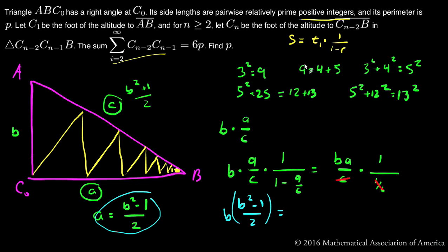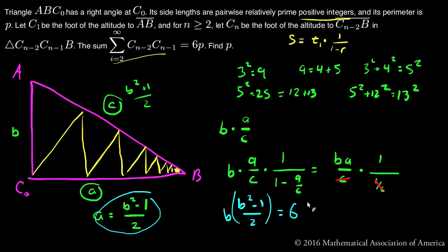And I want to make that equal to 6 times the perimeter. Well, the perimeter is going to be B plus A plus C. And in here, let me make sure I've got this correct. So I do B plus A plus C. That's going to give me A plus C is going to be B squared.